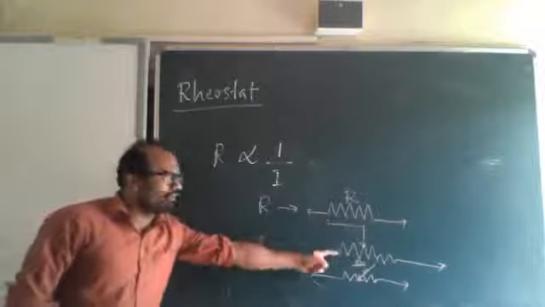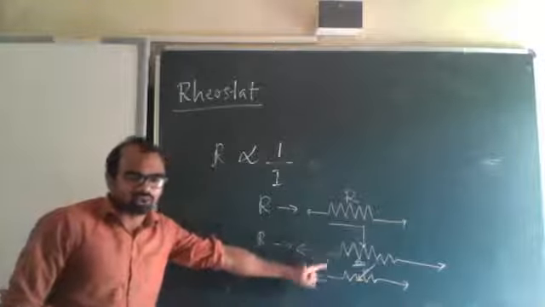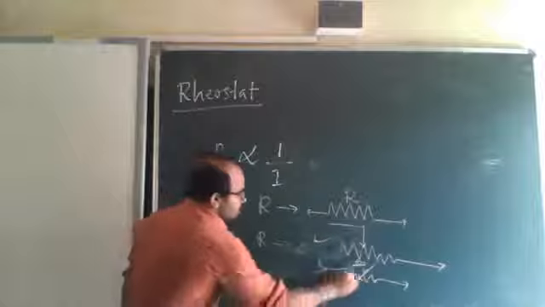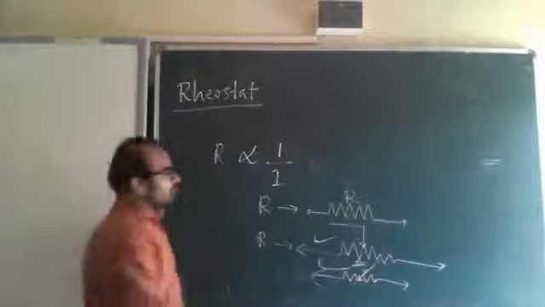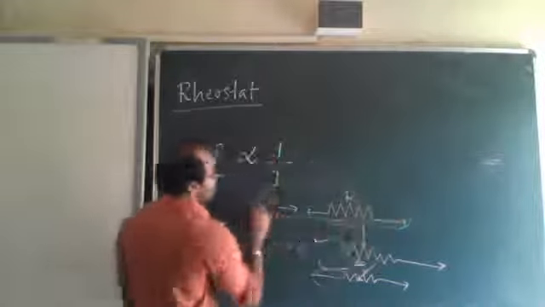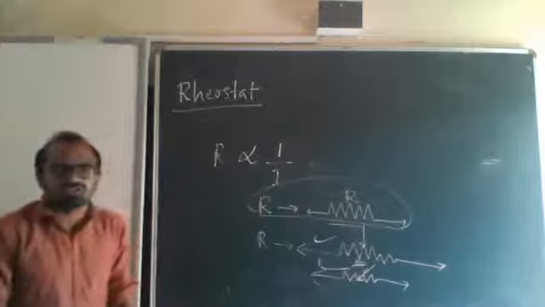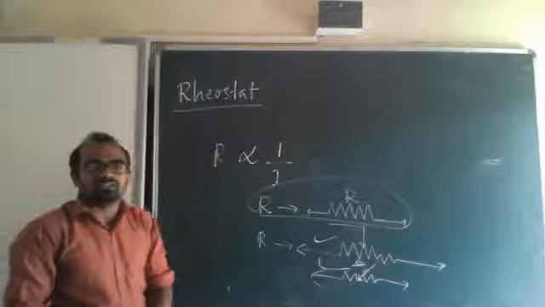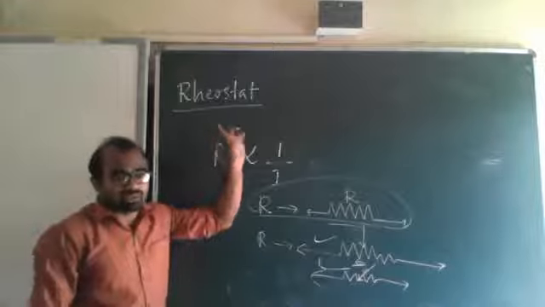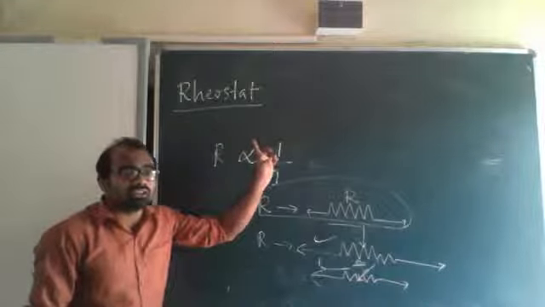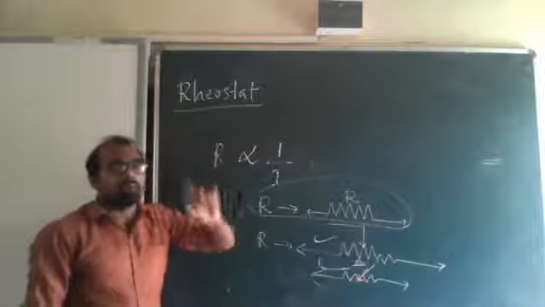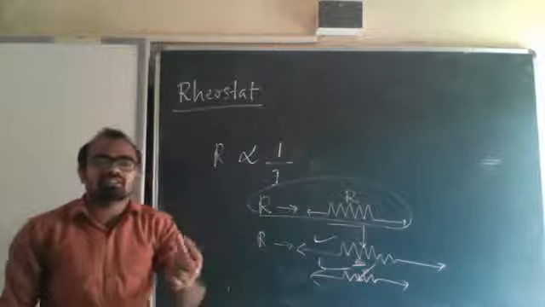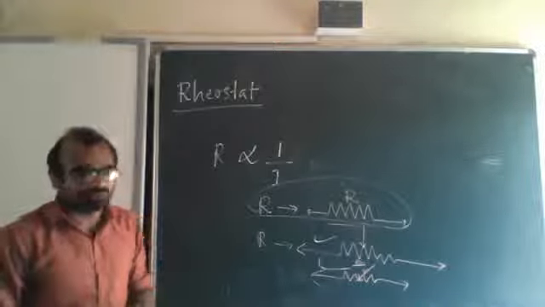So these two are the symbols of variable resistance. But this is the symbol of constant resistance. So this is regarding resistance. Rheostat is important. This is the instrument used to vary the resistance in the circuit.